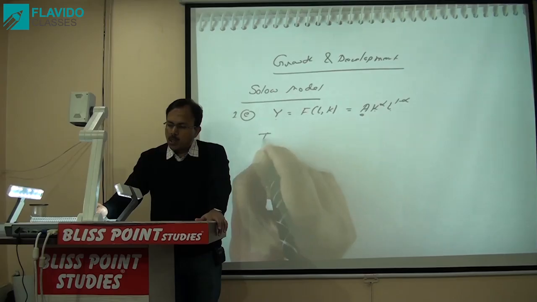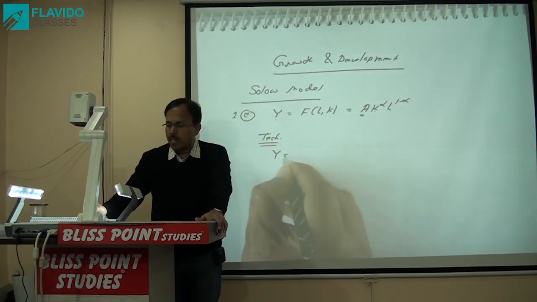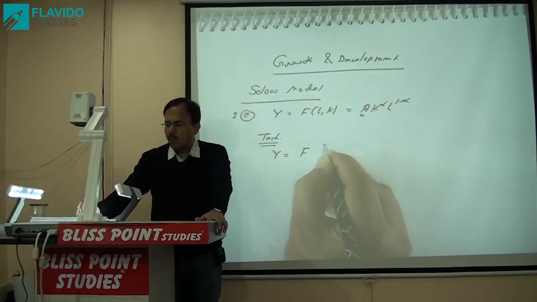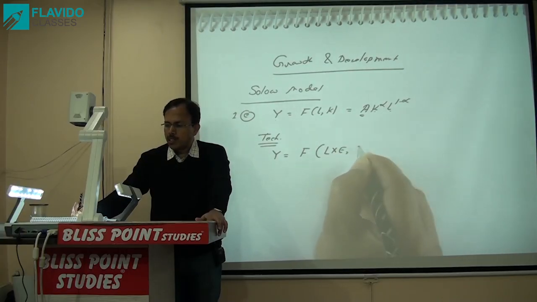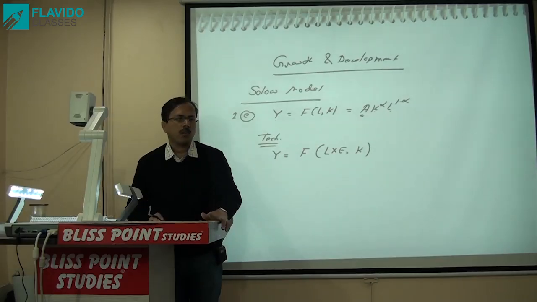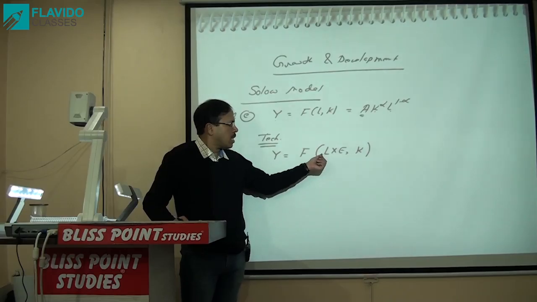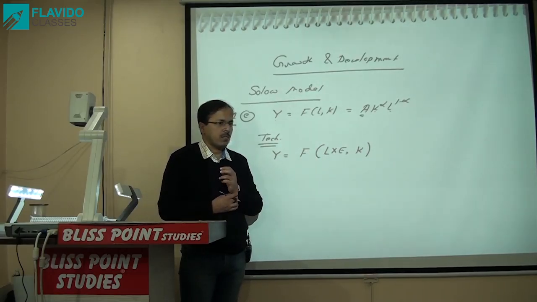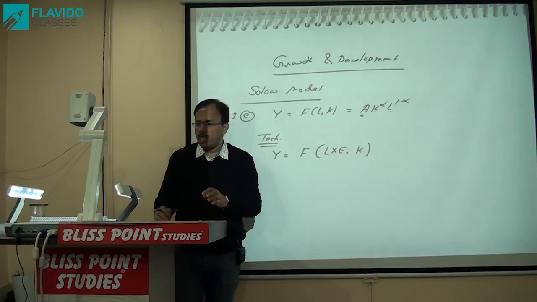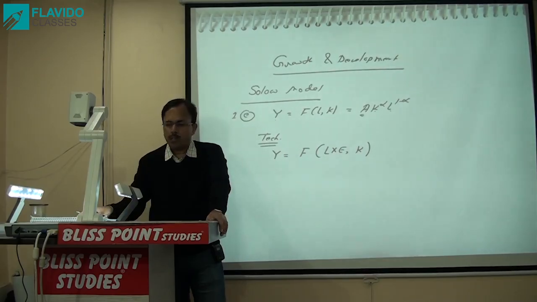When you include technical progress, you write Y as a function of labor multiplied by efficiency, comma, capital. So we are assuming that technical progress increases efficiency of the worker and not efficiency of machine or capital.